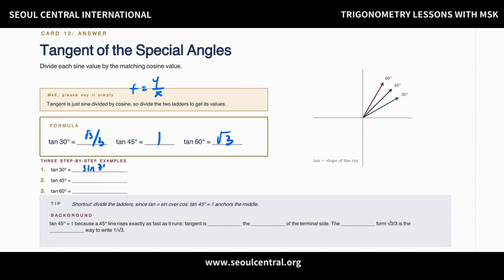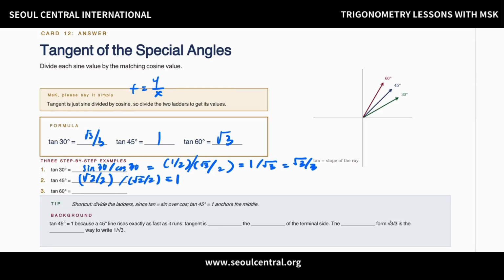Sine 30 over cosine 30 equals 1 over 2 over square root 3 over 2, and that equals 1 over square root 3, which equals square root 3 over 3. Let's try tangent 45, which is square root 2 over 2 over square root 2 over 2, and that gives us 1.